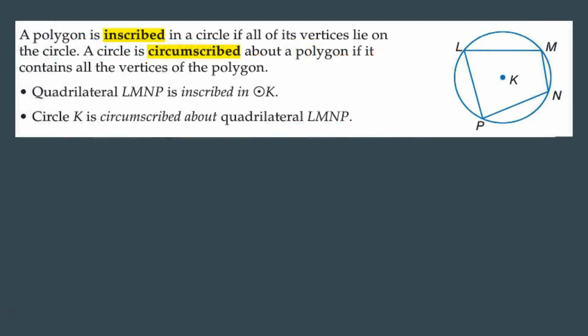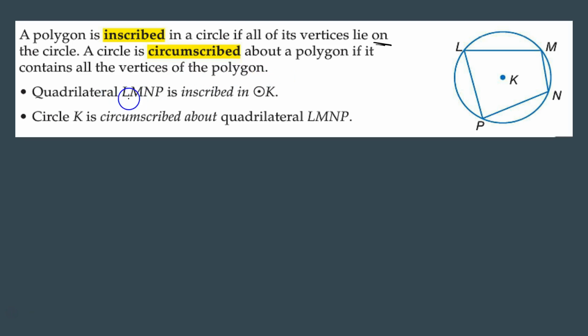A polygon is inscribed in a circle if all its vertices lie on the circle. On being the key word. It does not say in, it says on the circle. A circle is circumscribed about the polygon if it contains all the vertices of the polygon.